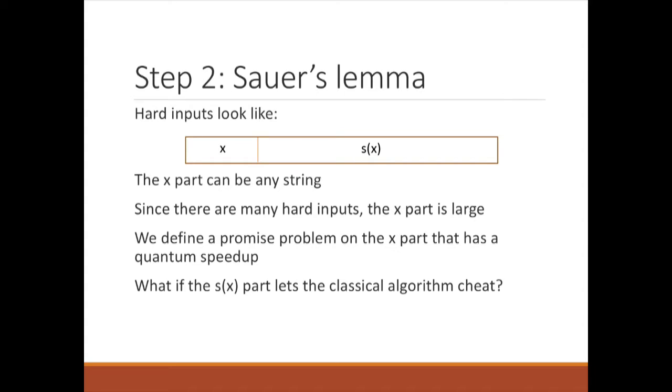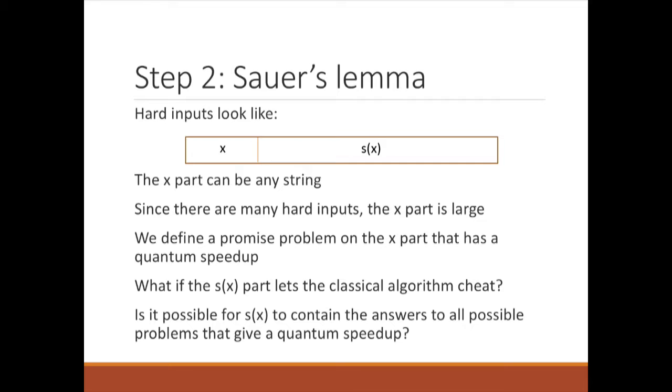And the problem is, okay, you don't just get access to the X part. You get access to the whole string. So you could worry, maybe this says Simon's problem, but here, this S of X tells you the solution to Simon's problem just in the third bit. So even a deterministic algorithm can solve Simon's problem by looking at the third bit, because maybe this string just tells you the solution.